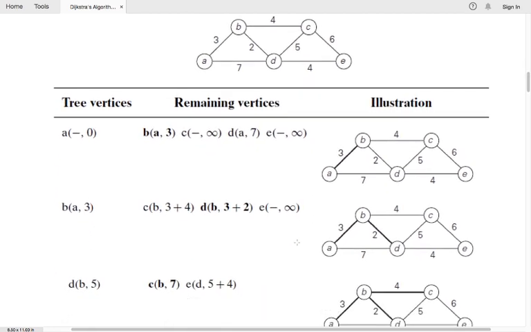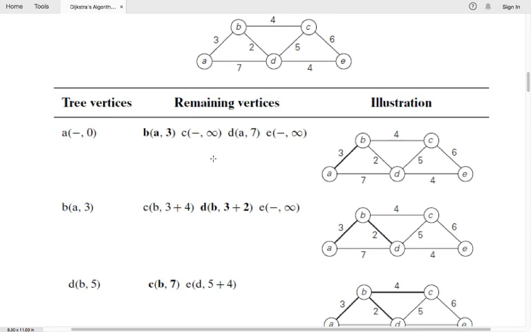Now in the next step, I also need to consider the remaining vertices, which are C, D and E. Coming to C, the previous value was infinity.